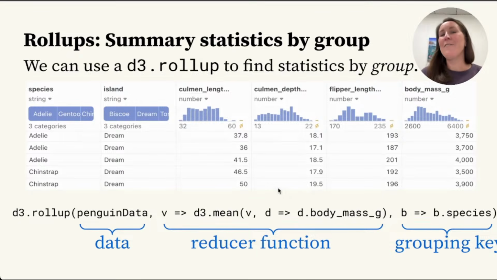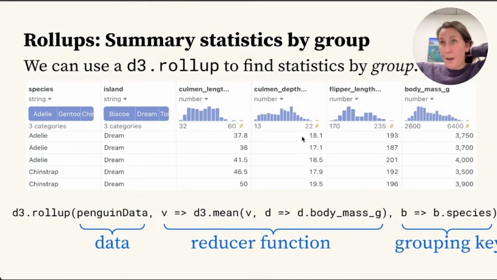Now, what if we want to find some summary statistics by group? Because what we've done so far is we have actually just found a descriptive statistic for all values of a property. But we haven't said, actually, I want to have a different summary statistic for each group and done that automatically.